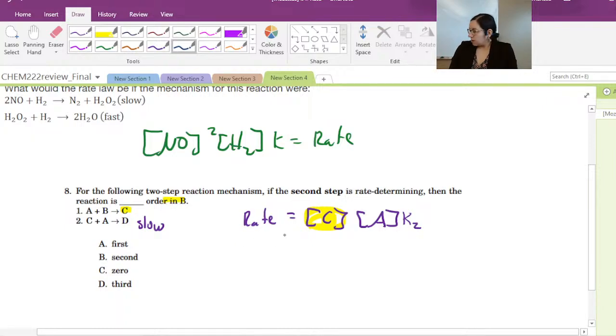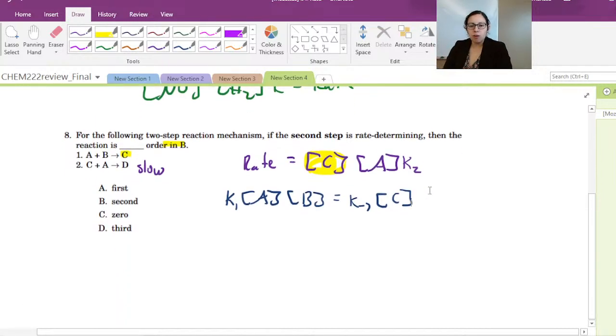And so now we can go into our rate law expression of just our K1, so this is just our equilibrium. Now we're saying K1 is equal to our reverse reaction of Kc, right? Remember this expression. And so all this does is allow us to solve for Kc, or for C, excuse me.